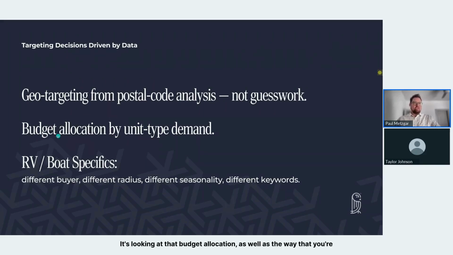It's looking at that budget allocation as well as the way that you're wording the ads to align customers to what you have available. If I'm running ads and promoting something that's out of stock, then it's only going to bring traffic to the site that is not going to convert. So I want to align that entire funnel so that they see an ad that aligns with what you have in inventory and ultimately leads to a purchase.